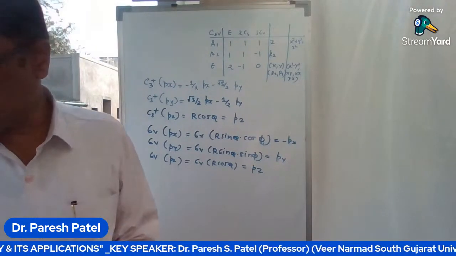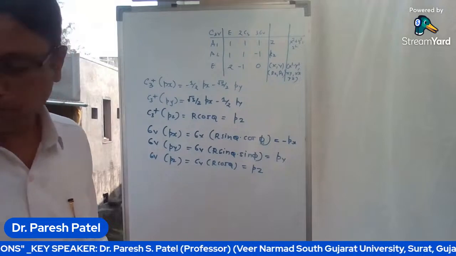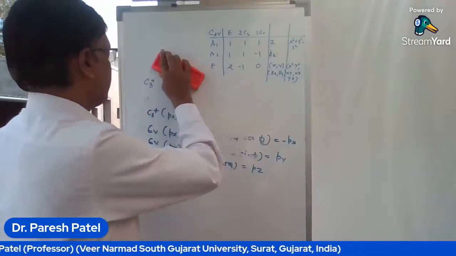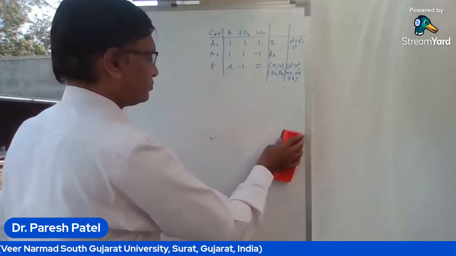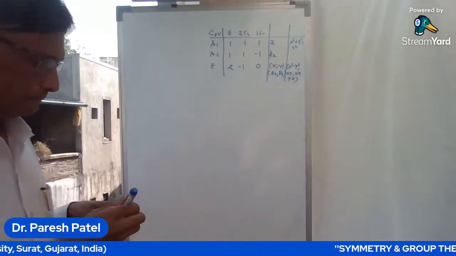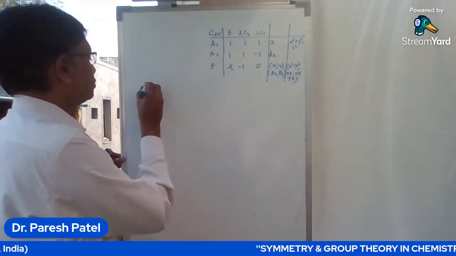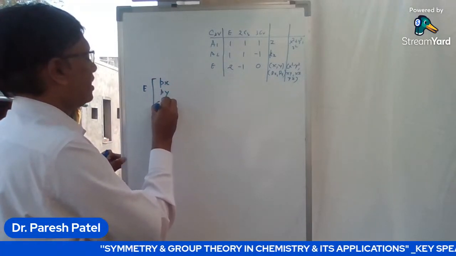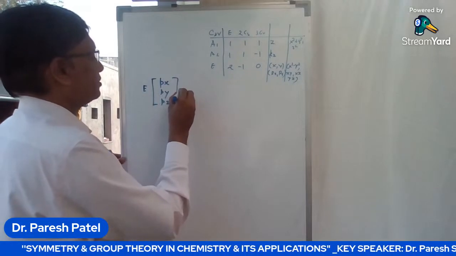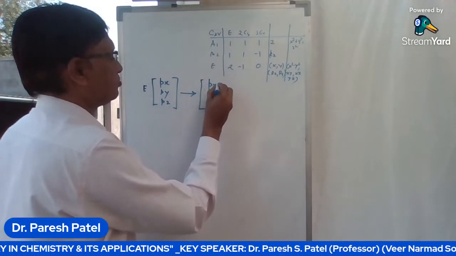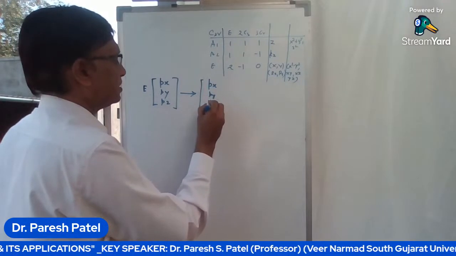Now, if we operate the combined symmetry operations on the p orbitals, what will happen? E on px, py, and pz: there is no change in the position of px, py, and pz.